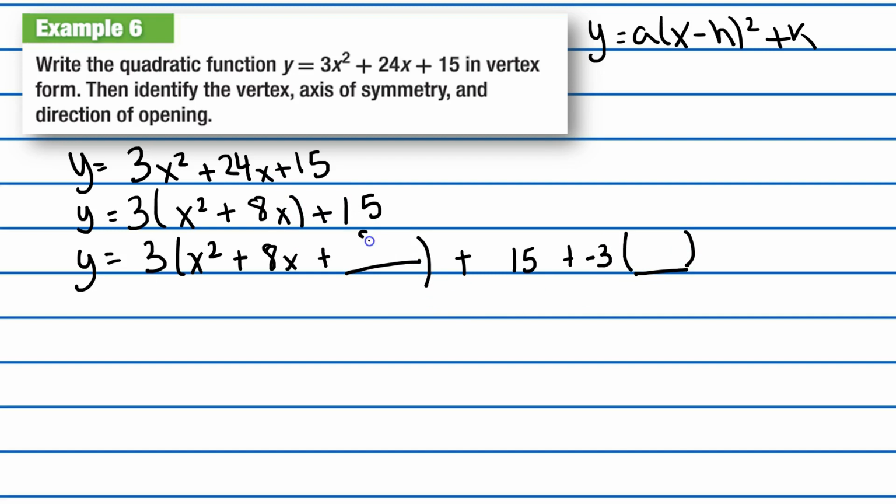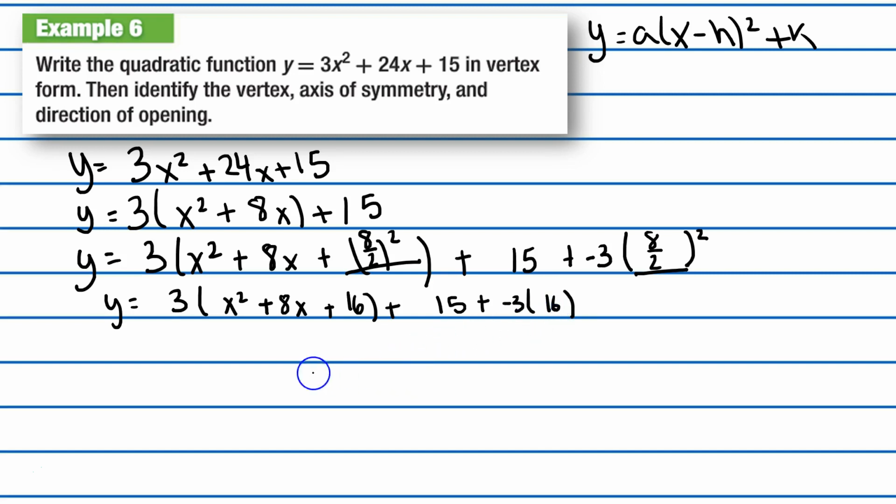So now let's complete the square. So 8 divided by 2, squared. Alright, now we have y equals 3 times (x squared plus 8x plus 8 divided by 2 is 4. 4 squared is 16), plus 15 plus negative 3 times 16.